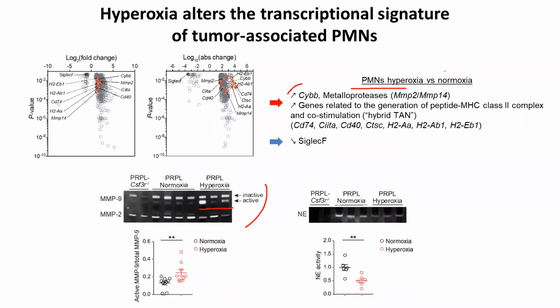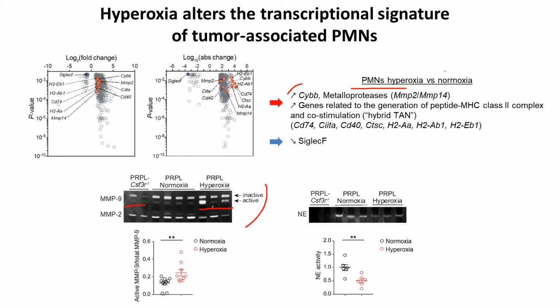This active form was absent in PMN mice lacking neutrophils, suggesting that this activity was only dependent on neutrophils. So these two observations are consistent with their role in tumor cell killing, which is highly manifested under hyperoxia exposition.